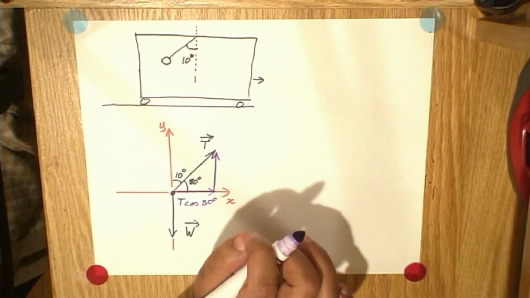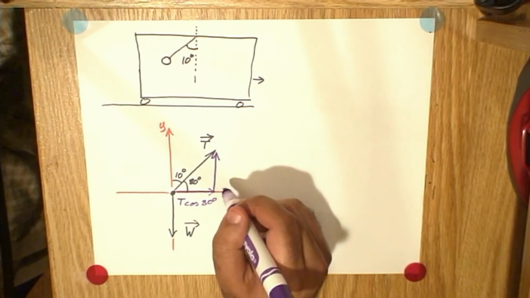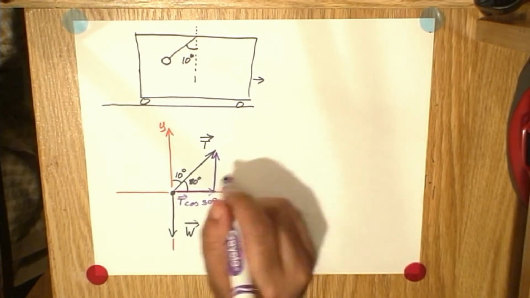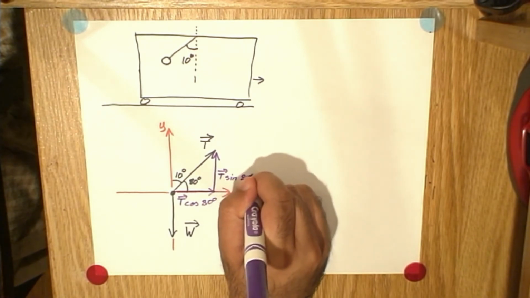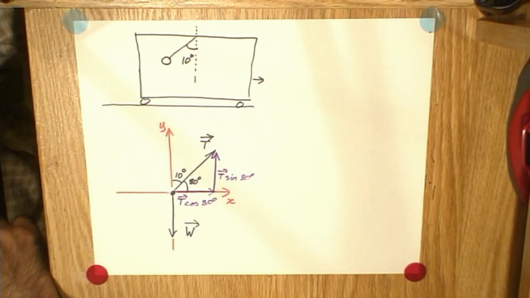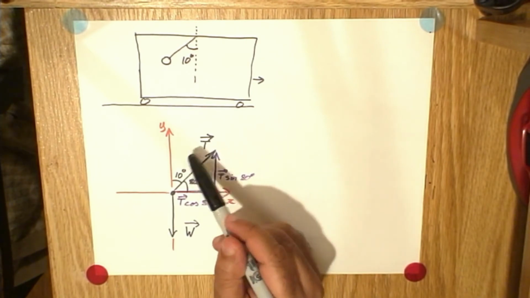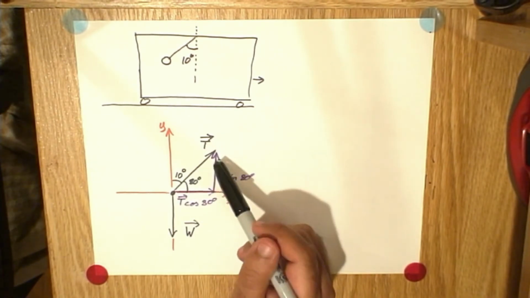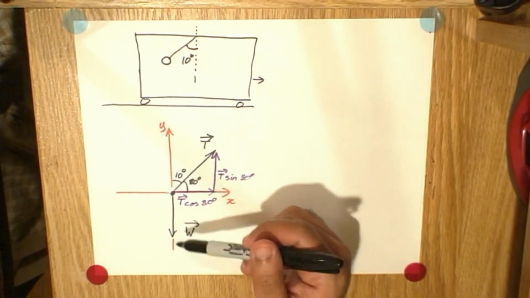I shouldn't say it's always given, but I should say it's given because this is the adjacent side of the 80 degrees. The vertical component is given as T sine of 80 degrees. Now, we have broken or converted our force, which was originally in polar, into its Cartesian equivalent, or its rectangular equivalent. So now let's take a look at what is happening in the y direction.